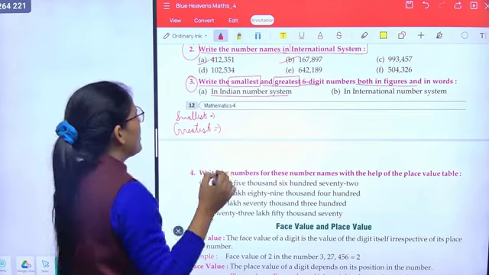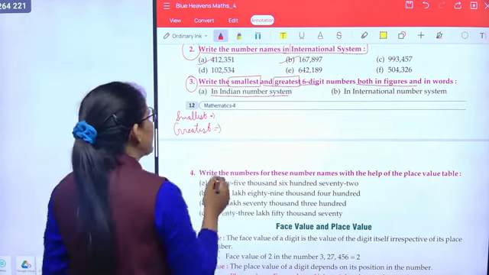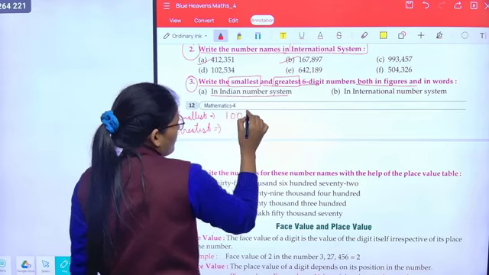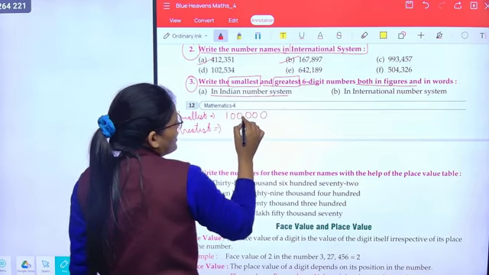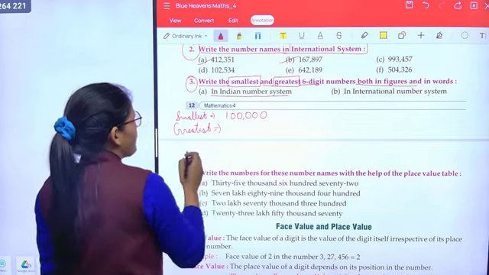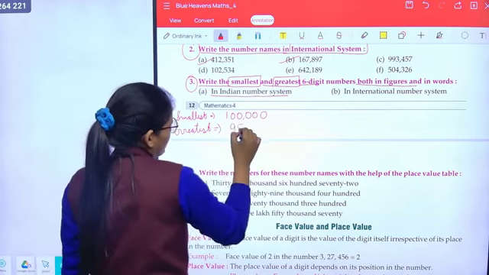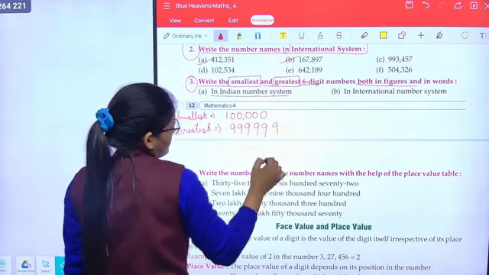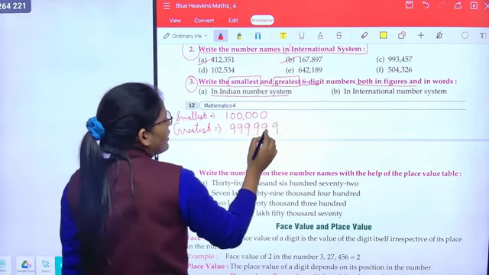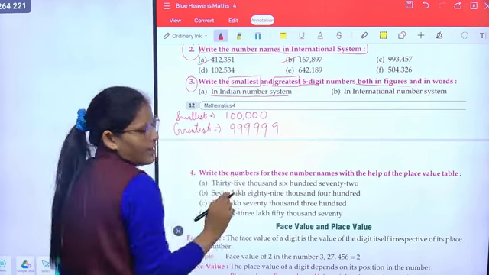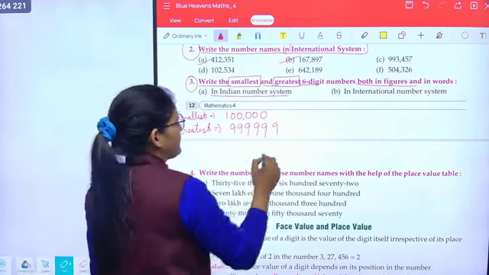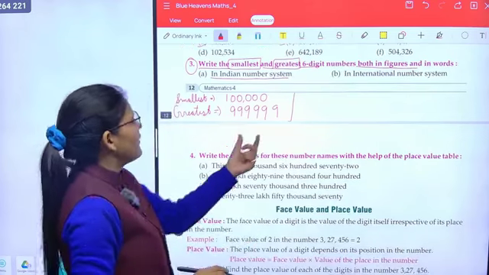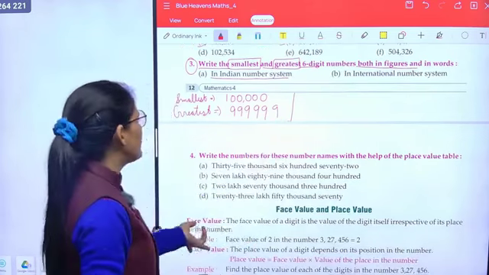Understand, class? Now, smallest six-digit number is 1 lakh. Okay. Now, greatest. Yes. Greatest is 9,99,999. Understand, class? Now, students, rest of the parts do yourself.